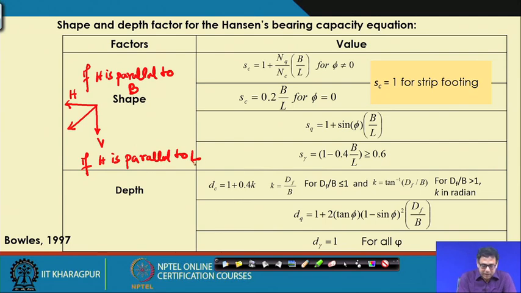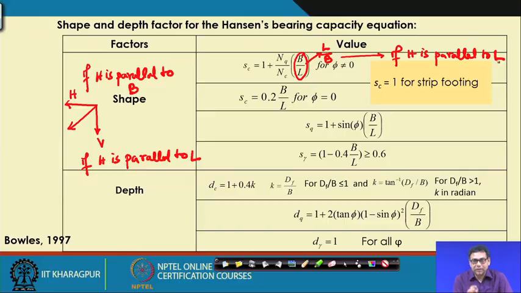For example, if H is parallel to B, then we will use this factor. But if H is parallel to L, then we have to replace these terms by L by B. Remember that this is only for Hansen's theory.